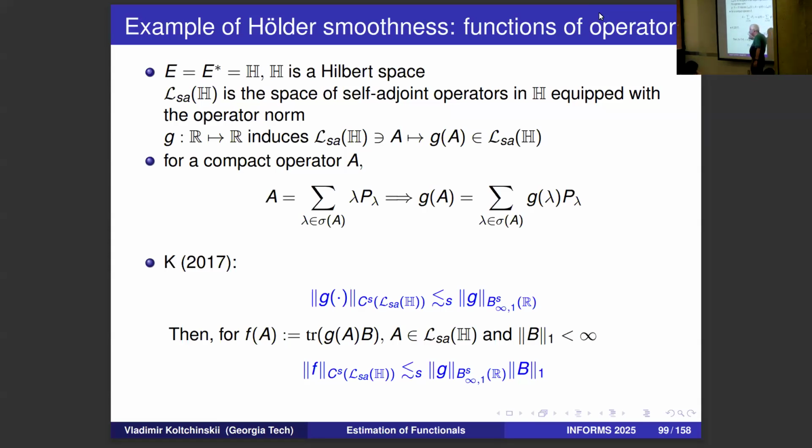that if you look at such an operator function G, so this is now G applied to an operator, right? Then its Hölder C^s norm, if we view the C^s norm as a norm of functions defined on self-adjoint operators, and we equip the space of self-adjoint operators again with the operator norm, right?